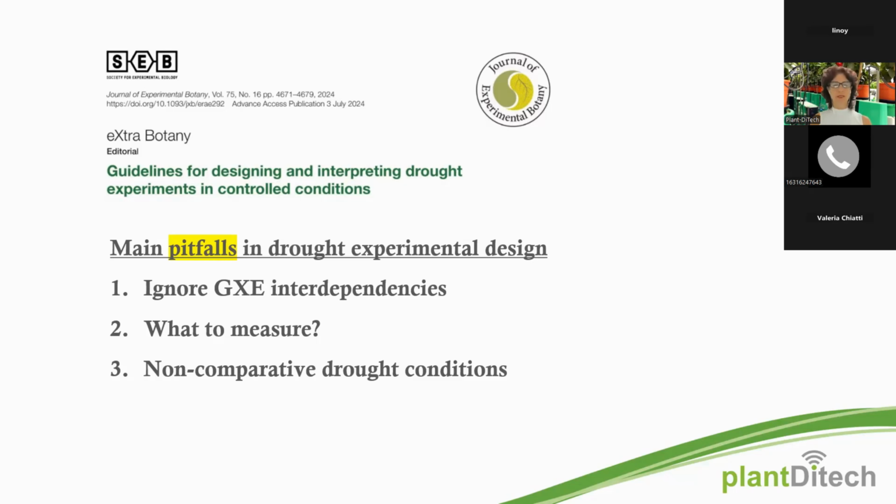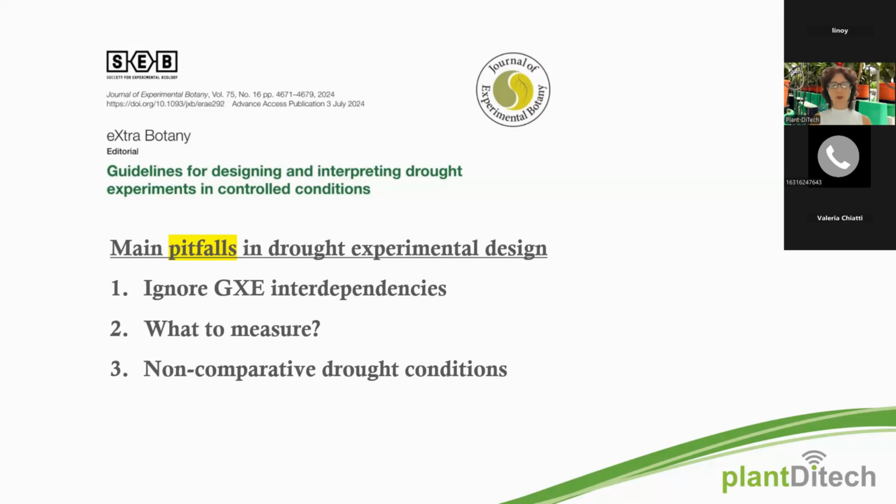The third point is about non-comparative drought conditions. This is a major topic in the paper, where they cover an area which is kind of forgotten in many of the papers submitted to them. It's not exactly forgotten, it's more biased because it was not deeply thought about. So I will discuss it here in the talk.